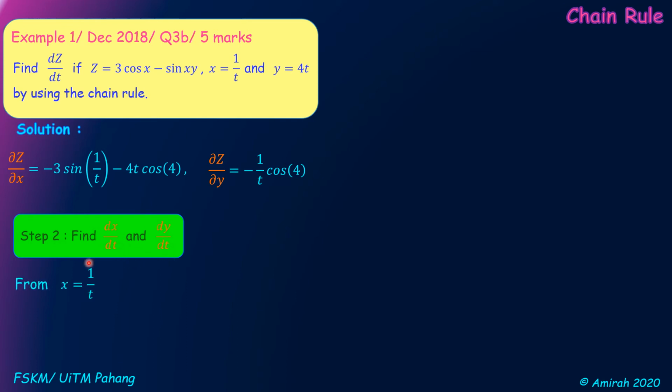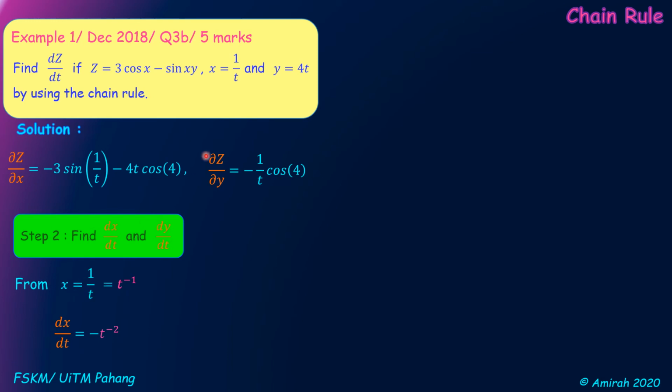We can find dx over dt from x. So x equals 1 over t. And to differentiate, we can write it in the form of t to the power of negative 1 using the properties of indices. Then we can differentiate x with respect to t. So we get dx over dt.